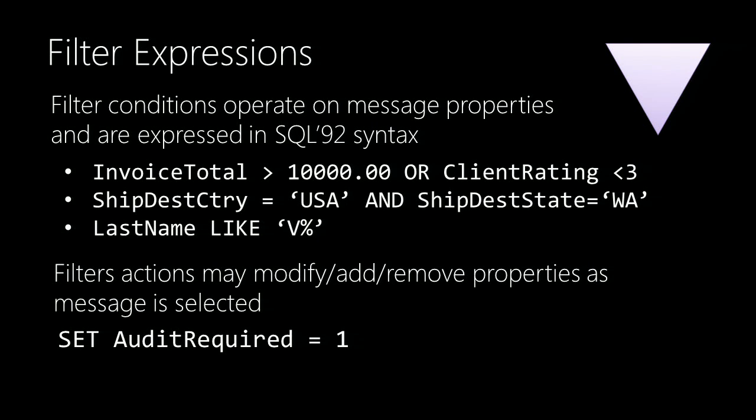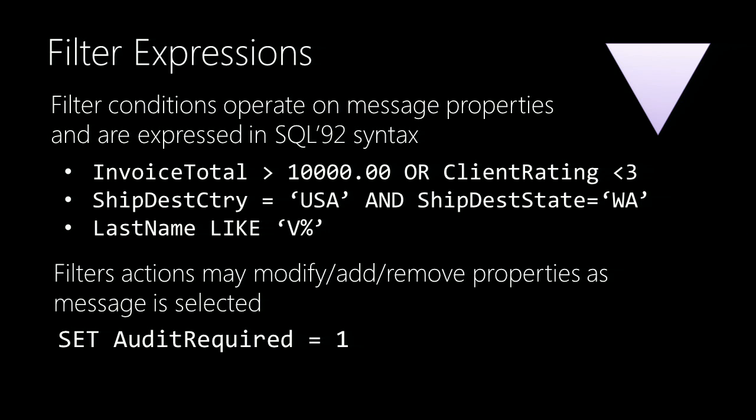Or consider the third one, last name like V. What you can do with this is you can go and use this for partitioning, where you send a stream in, you have some data, you promote properties out of that data, and now you can go and partition that data out by filters.